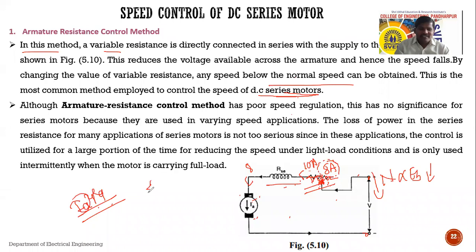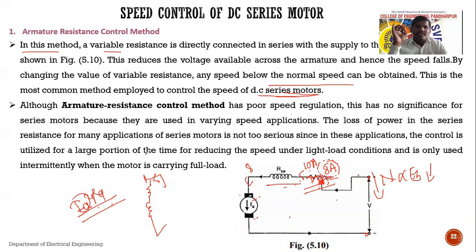If we had connected the resistance in series with the shunt field, the shunt field winding would carry a small current, either 1 ampere, 2 ampere, or 3 ampere. But here the resistance carries the same current as the armature. Whatever current the armature carries, the resistance carries the same. So the copper loss is more, the losses are more, and due to that it gives less efficiency.